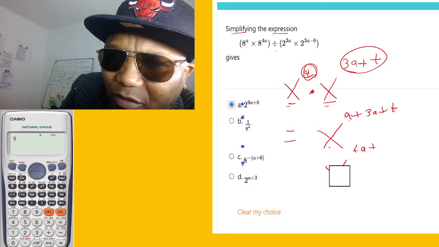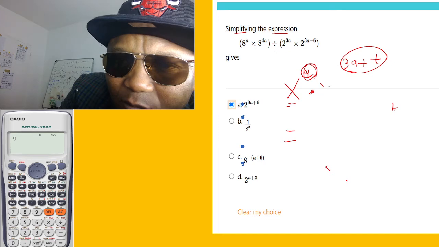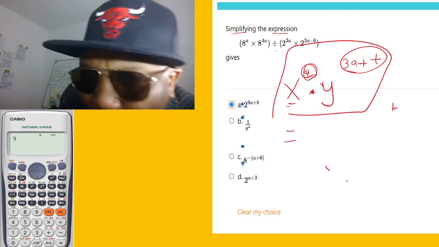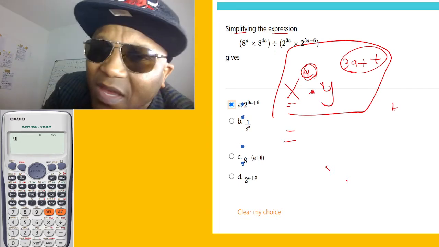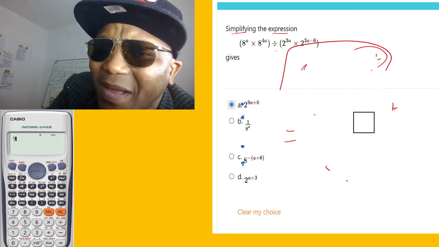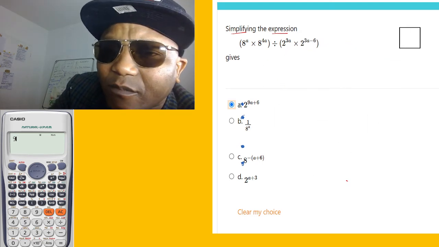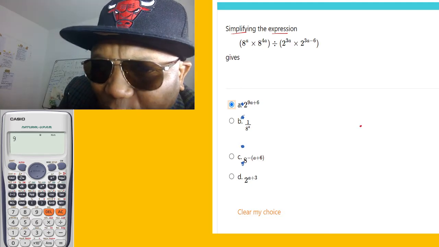Let me check one more example. If the base was different, then there's nothing you could have done, because the rule does not work when the bases are not the same. First and foremost, it must be multiplication. What about division?